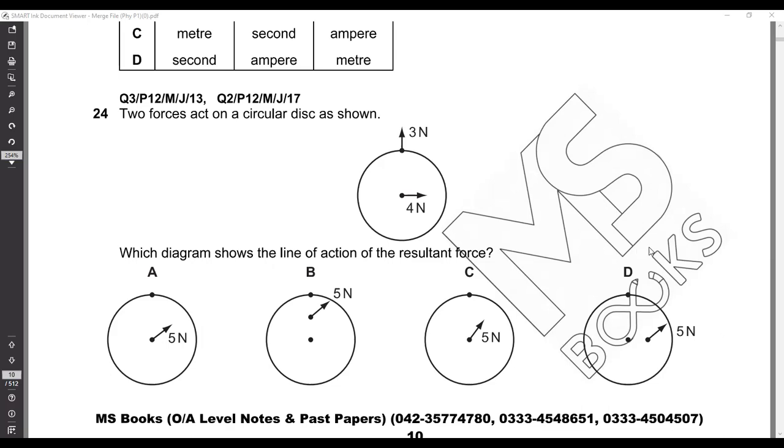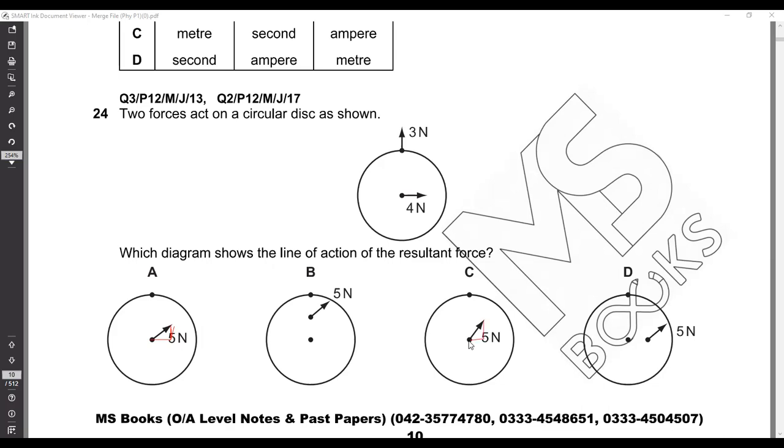If you compare, C is longer vertically. So out of 4 Newton and 3 Newton, which part is longer, the vertical one or the horizontal one? Oh, 3 is longer as compared to 4 vertically.